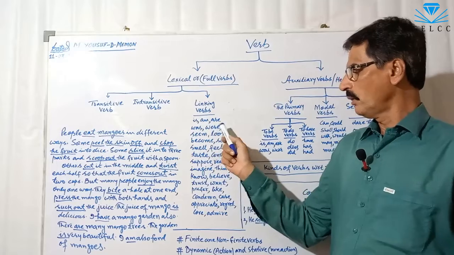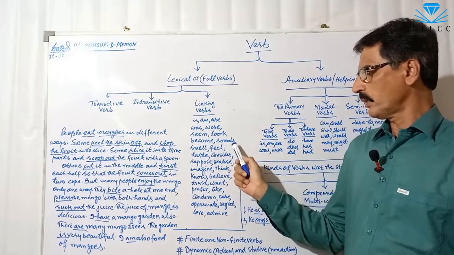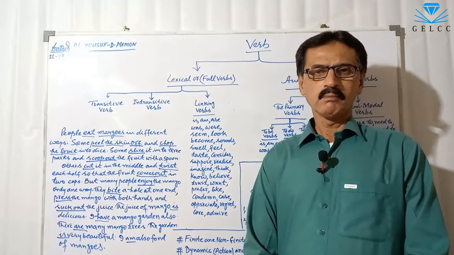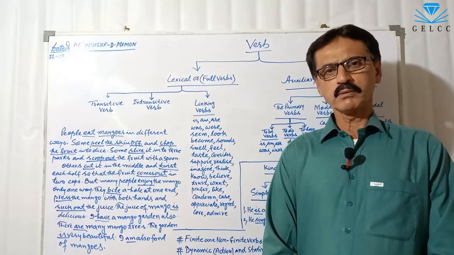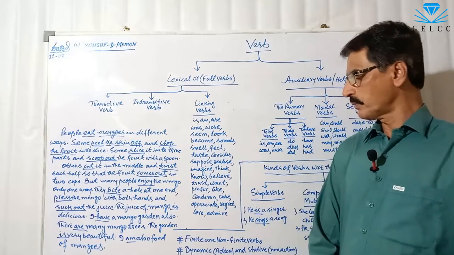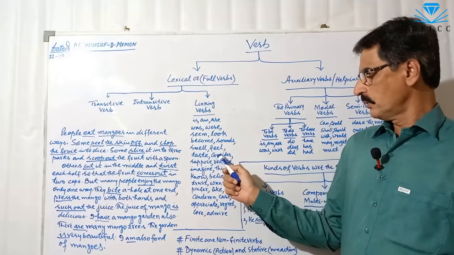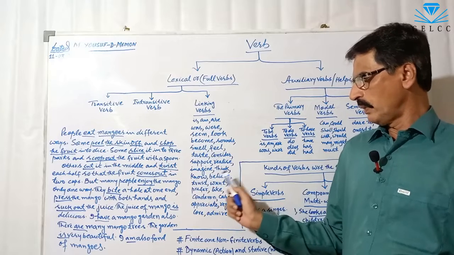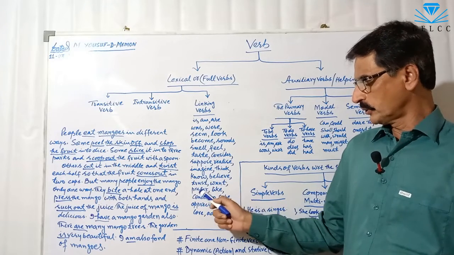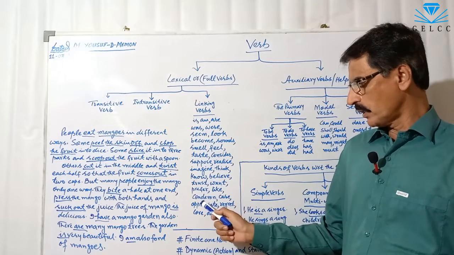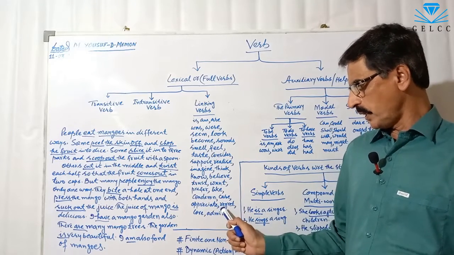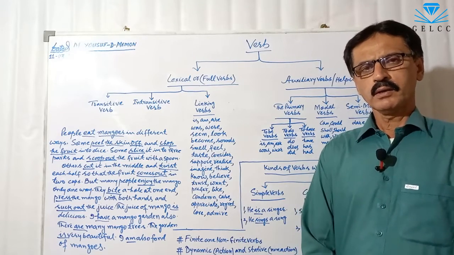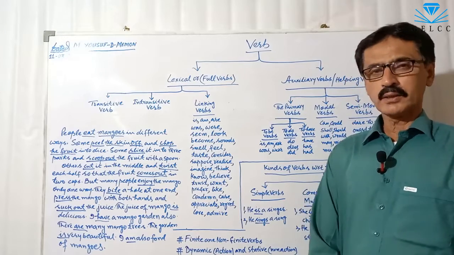Am, is, are, was, were, seem, look, become, sound, smell, feel. I feel happy. Happy is a complement. These are linking verbs. Taste, consider, suppose, realize, imagine, think, know, believe, trust, want, prefer, like, condemn, care, appreciate, regret, love, admire. All these verbs require a complement. So they are linking verbs.